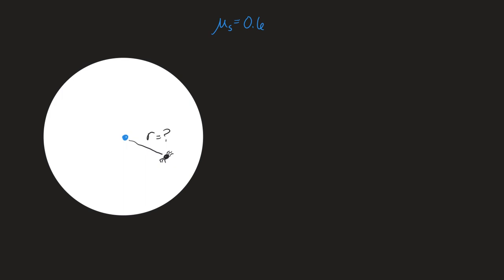If the record is being spun at 45 RPM, what's the furthest distance away from the center the spider can safely walk?